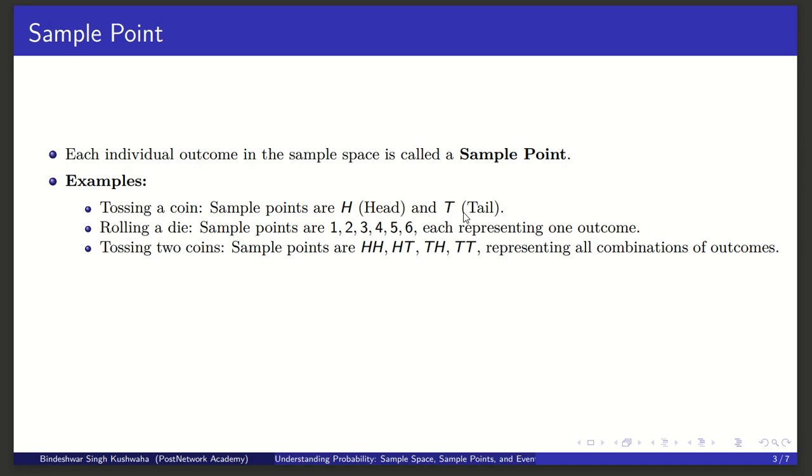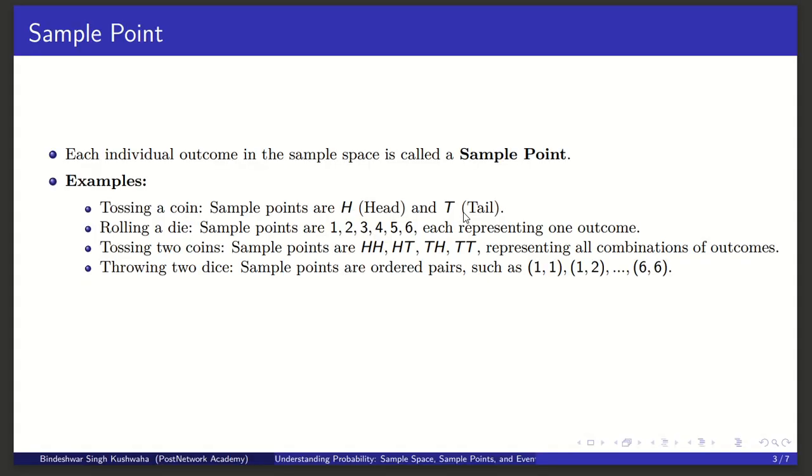HH means both coins' upper face has come heads. HT means one is head, another is tail. Throwing two dice, there are 36 possibilities, and each pair is a sample point.